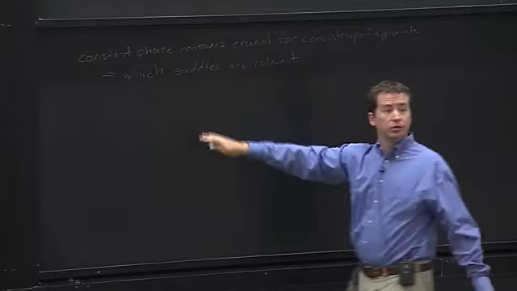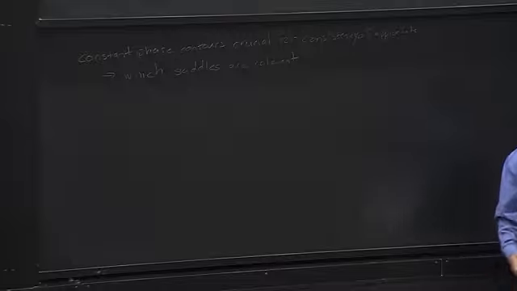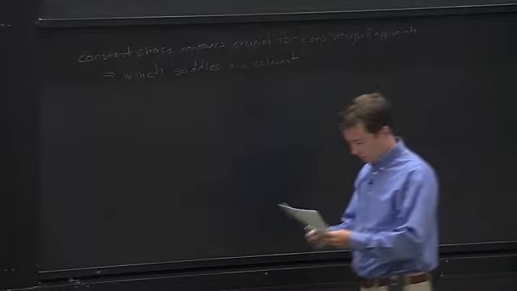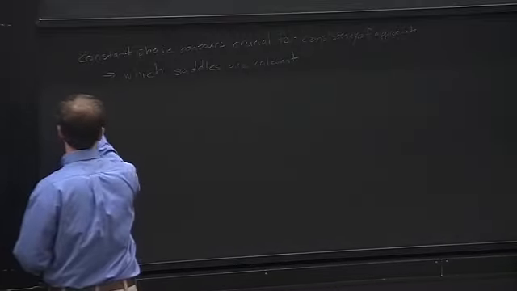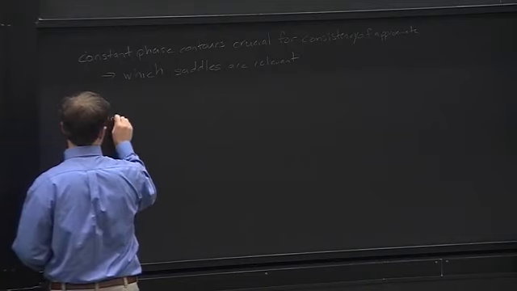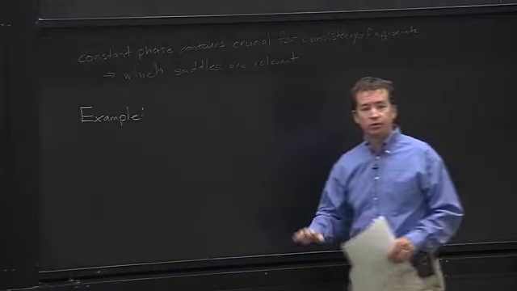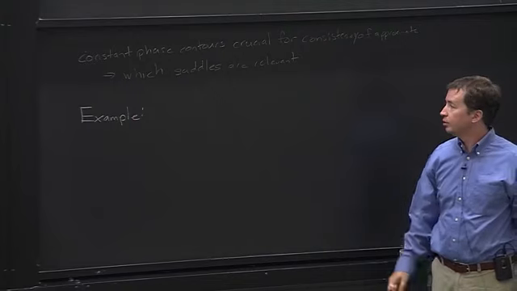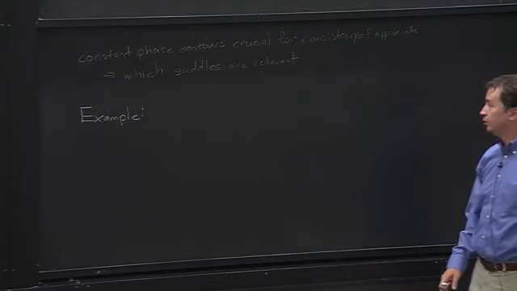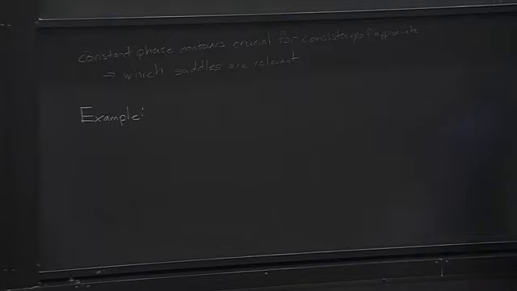Not because the phase shows up in any way in the final result. So that's the general method, and we'll move on to an example of how to apply it.